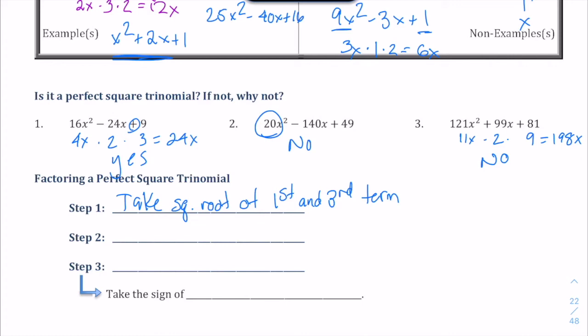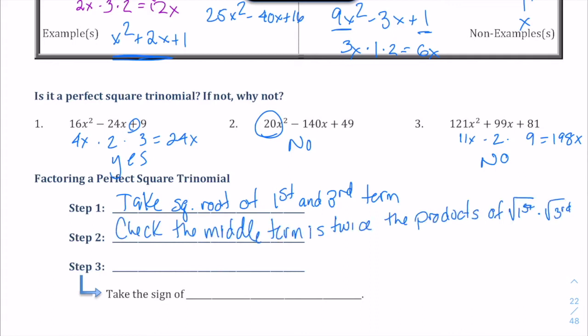The second step is to check the middle term is twice the product of the first and third. Again, that was still really part of establishing whether it was a perfect square trinomial. Now, for this third step, we're going to put each square root in parentheses and square it.